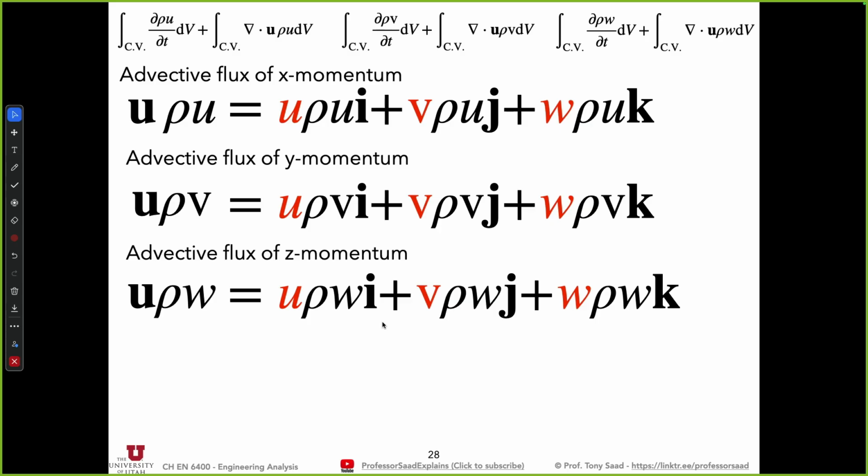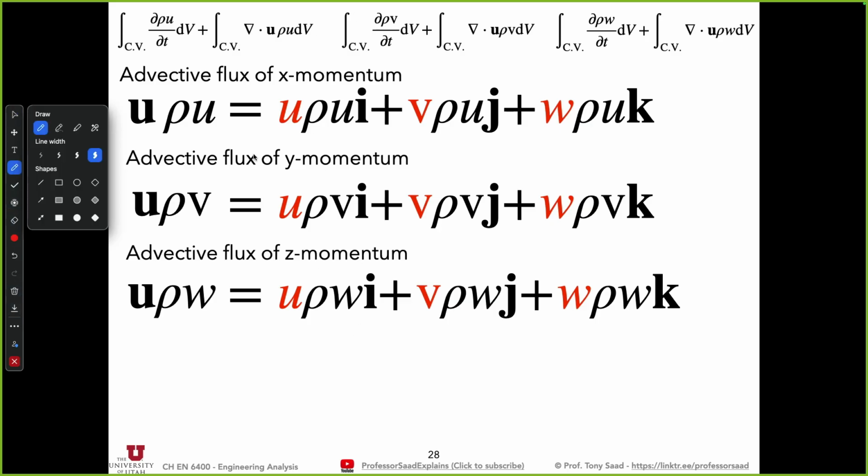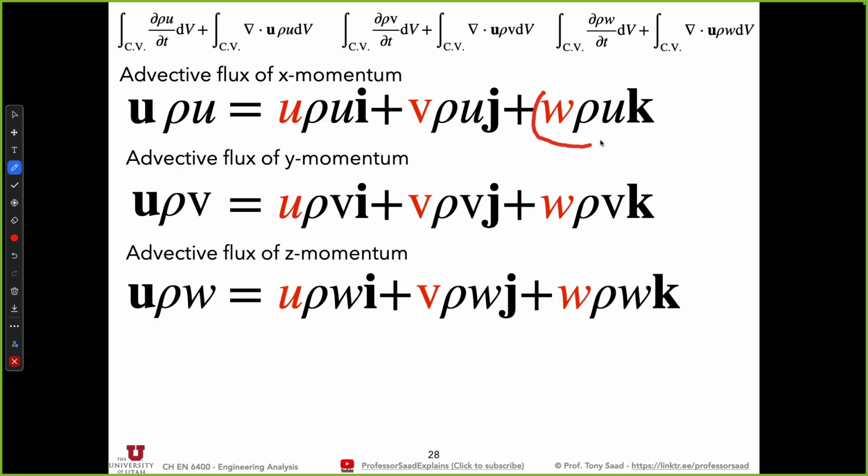Now, thankfully, this is symmetric because look at this, and later we will talk about this a little bit. W rho u is symmetric with u rho w. But notice this is in the k direction and this is in the i direction. Now in the end, in the final equations, it's not gonna matter, right?